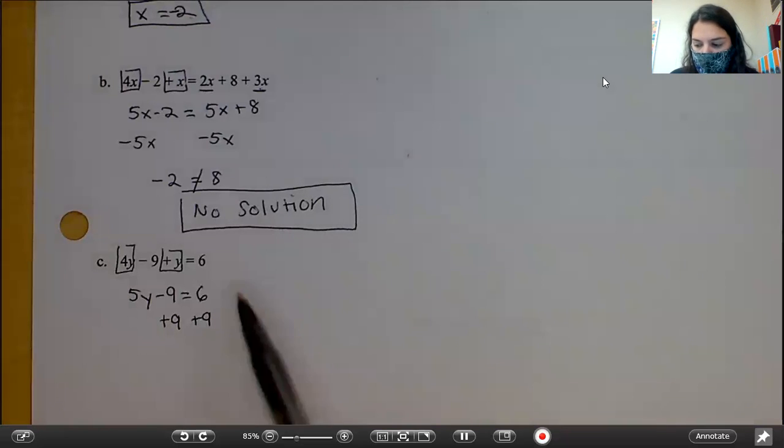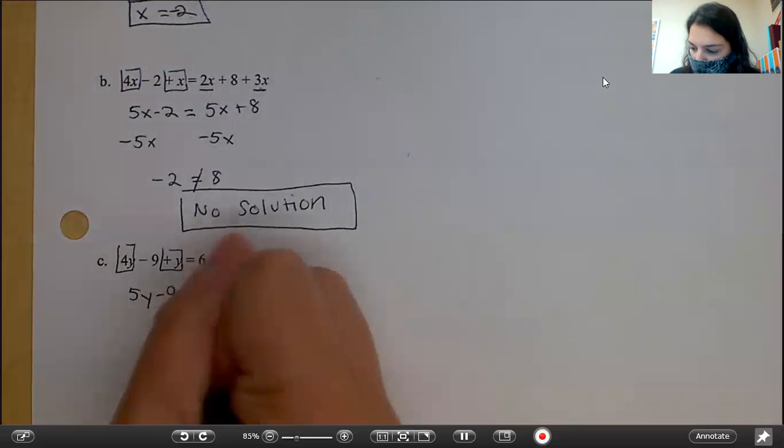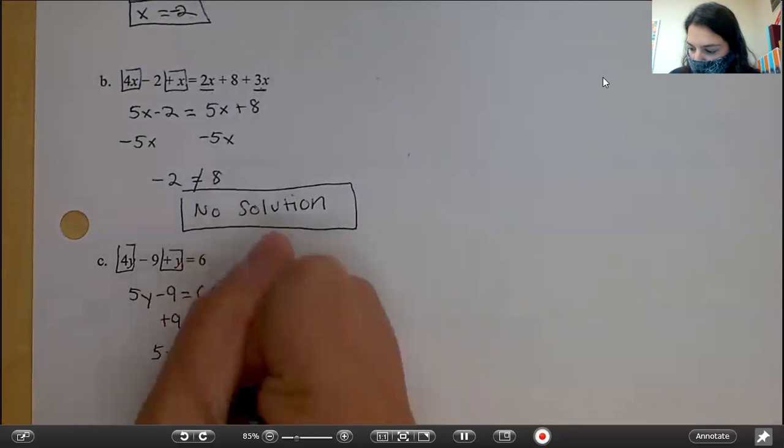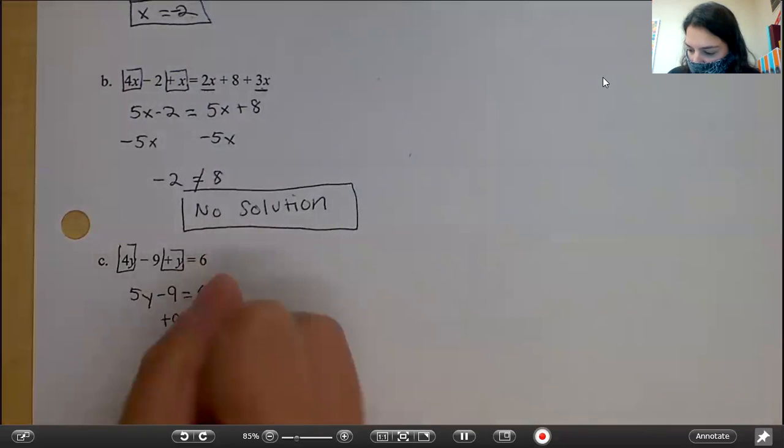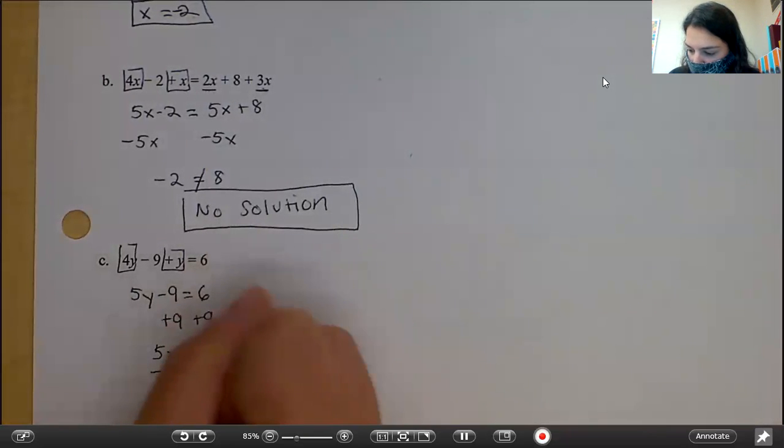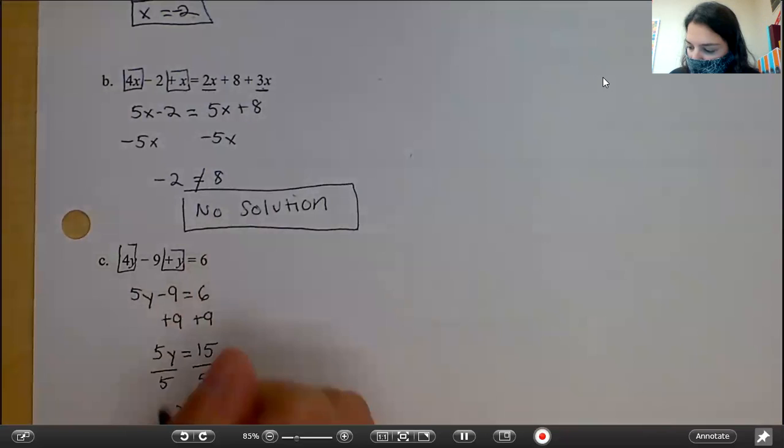Okay, if you're back, that means you've tried to finish it, solving this equation. So you should have 5y equals 15. Divide both sides by 5, you would get y equals 3.